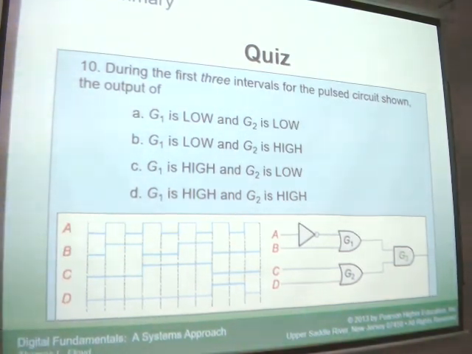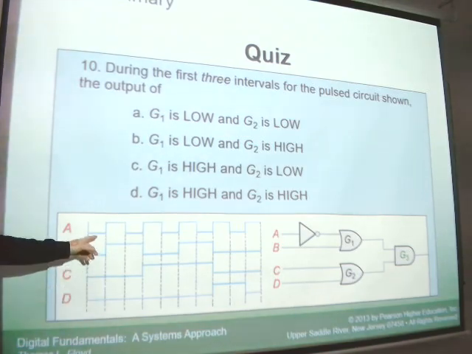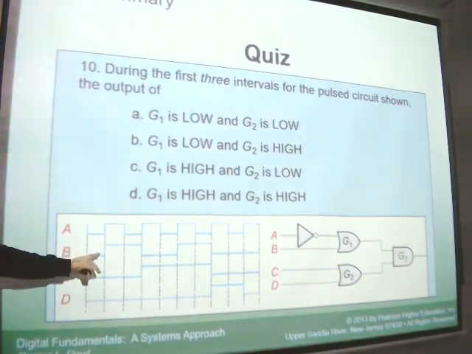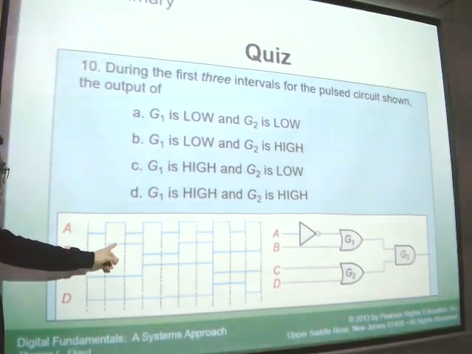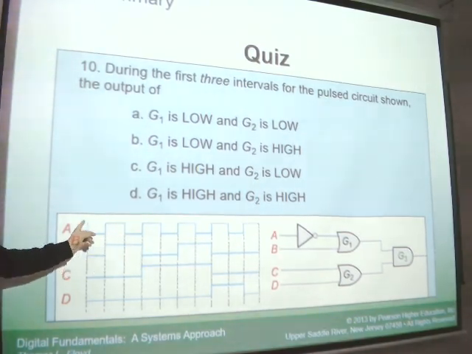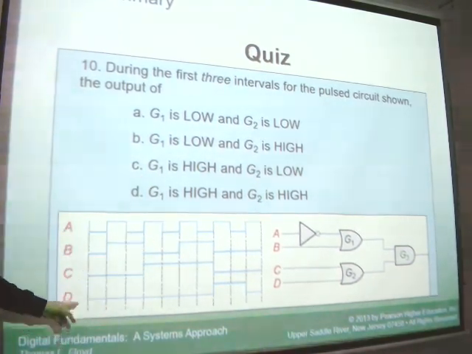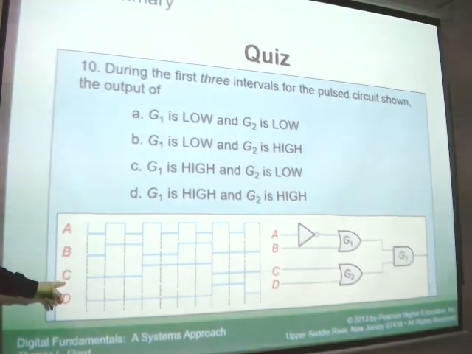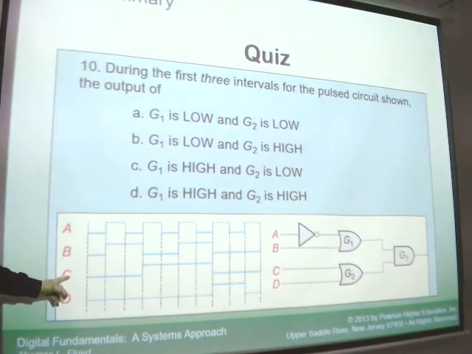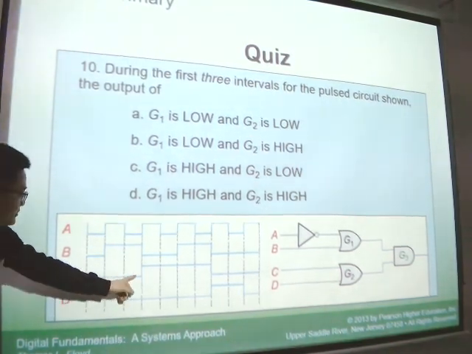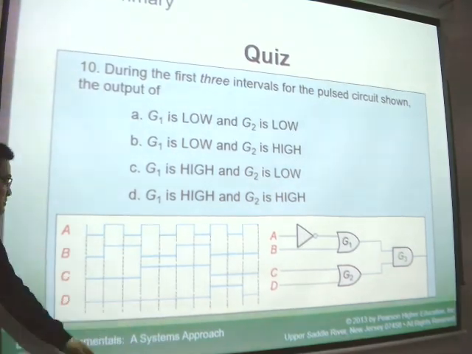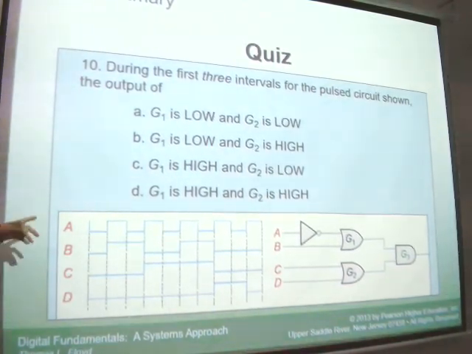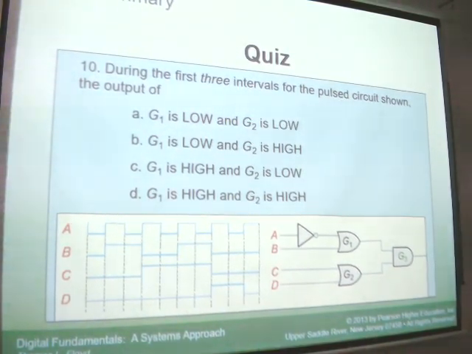High, because A bar equals 1 and B equals 1. So G1 is high. And G2? It's low, sir, because C is 0. So the answer is C.